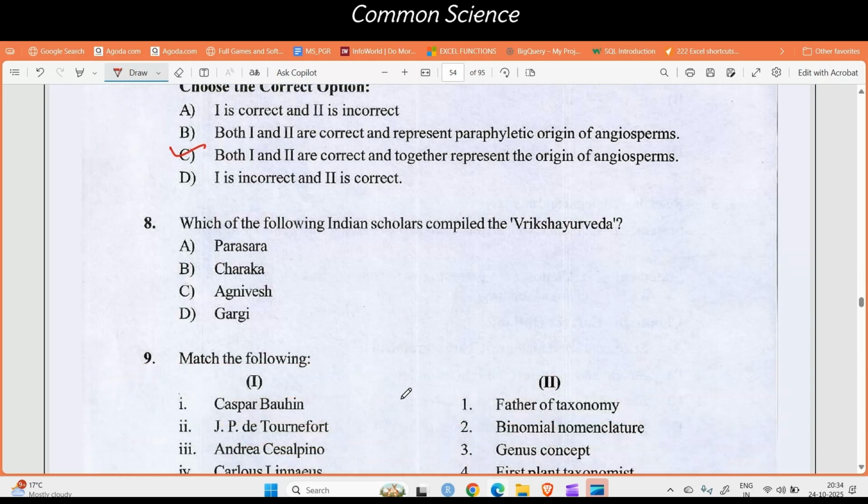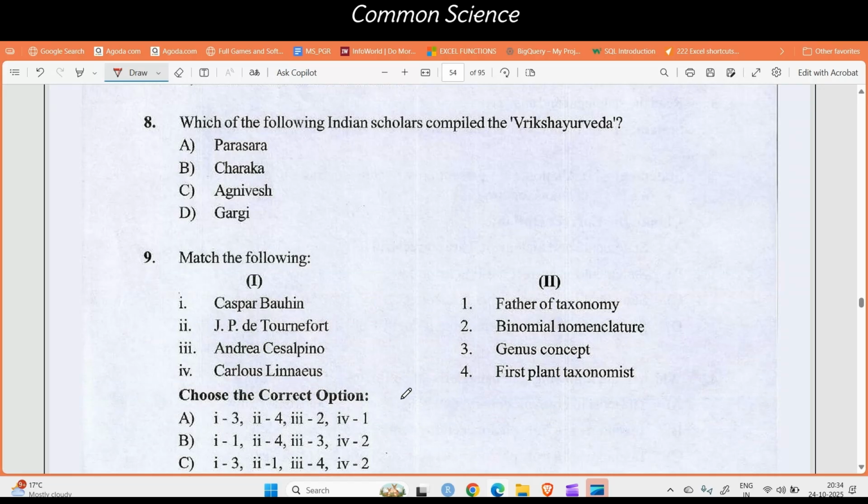Question number 8 says: which of the following Indian scholars compiled Vrikshayurveda? Riksh means tree. Ayurveda means a kind of description or collection, a philosophical collection. So, philosophy of trees. There are two versions.